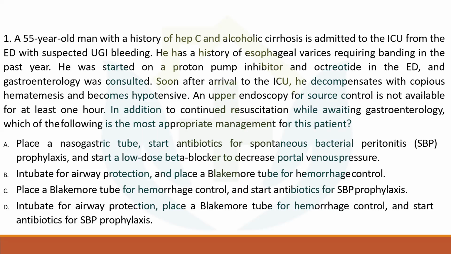A 55-year-old man with a history of hepatitis C and alcoholic cirrhosis is admitted to the ICU from ED with suspected upper GI bleed. He has a history of esophageal varices requiring banding in the last year. He was started on PPIs and octreotide in the ED, and gastroenterology was consulted.